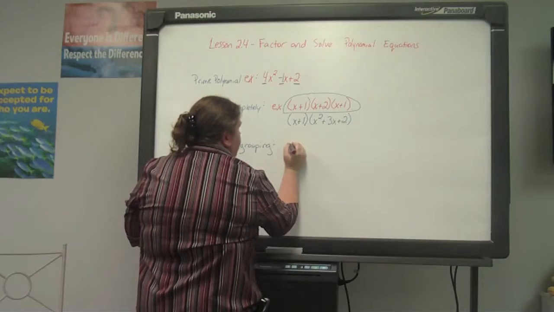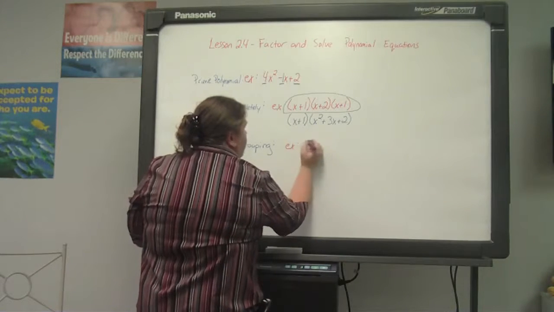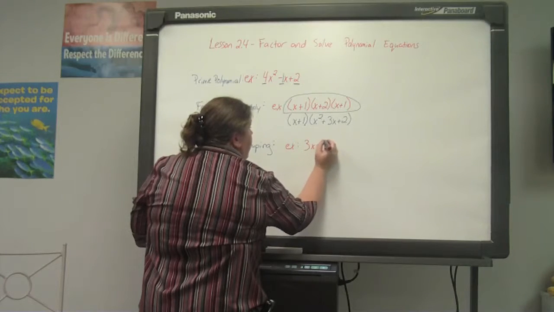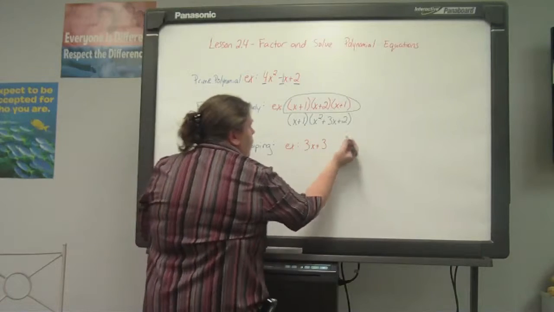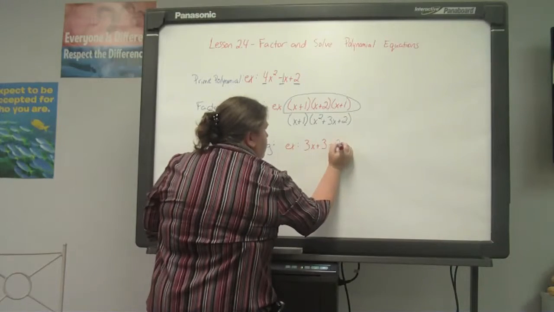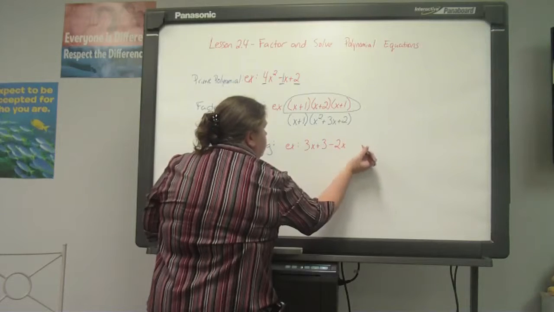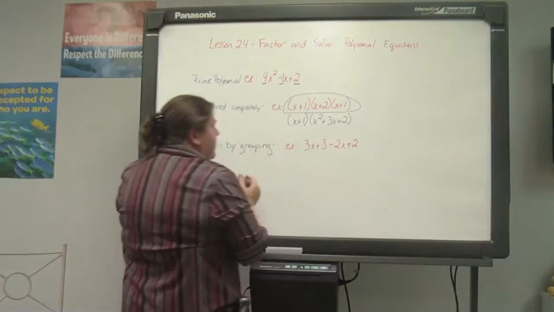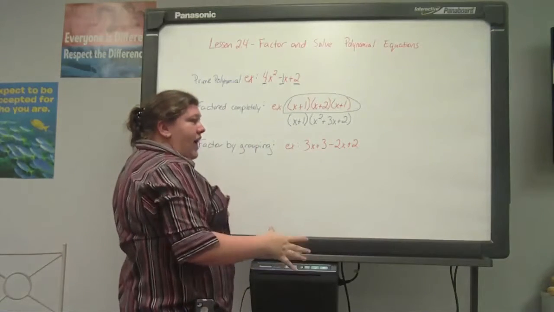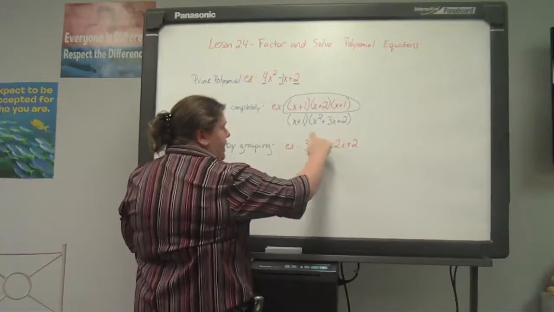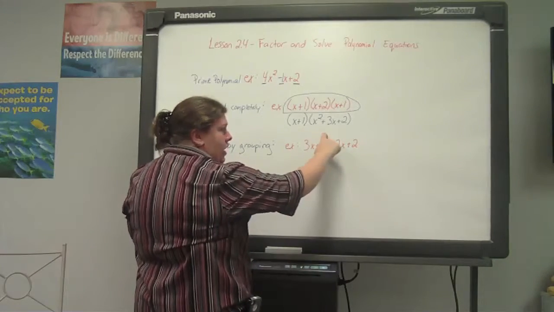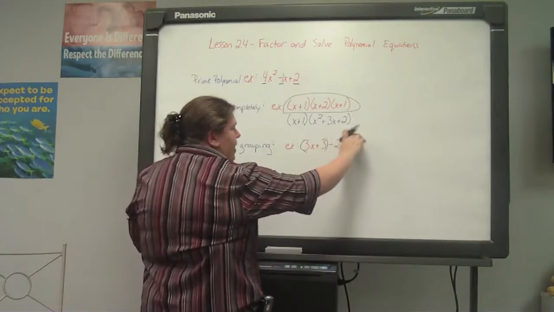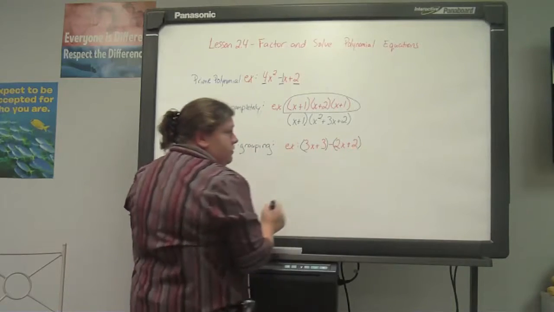3x plus 3 minus 2x plus 2. Now, in factor by grouping, we see that these two have something in common, so we can put a parenthesis, and these two have something in common, so we can put another parenthesis.